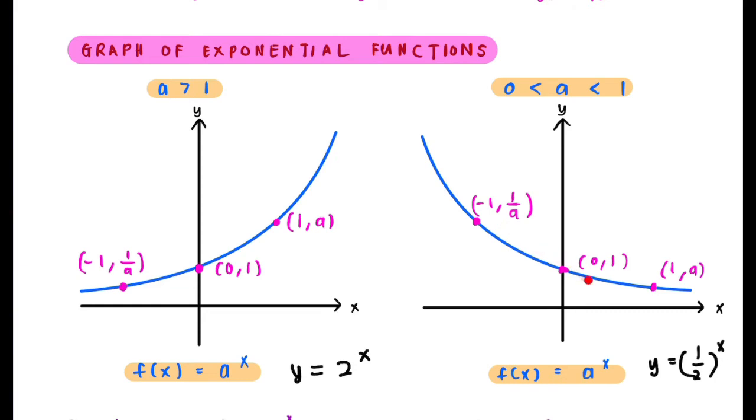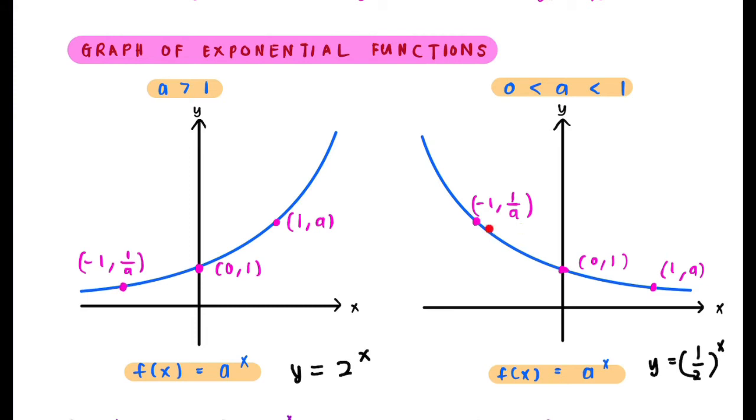The crossing point is always (0, 1). And then the point (1, a), let's say your a here is half, so the point here will be (1, half). And then the third point here will be (-1, 1 over a). So if your a is half, 1 divided by half is 2, so the point here will be (-1, 2).